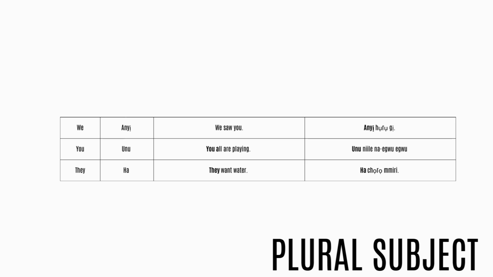So if you were to say you are all playing, it translates to unu nile egu na egu. Similarly, if we translate they, that translates to ha. So if I say they want water, then that translates to hachoronu.